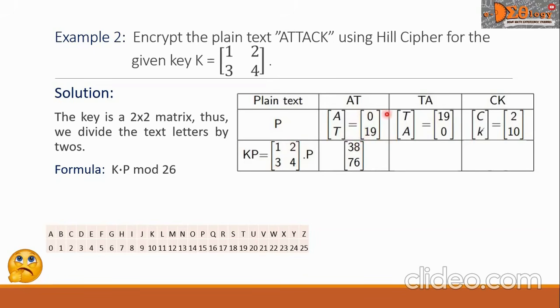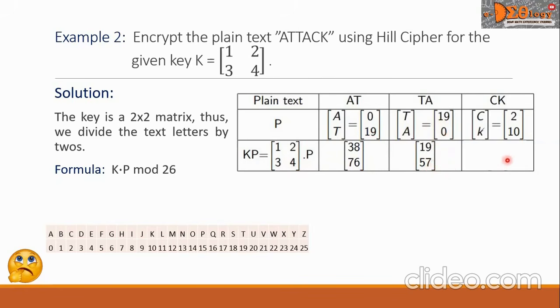Then 3 times 0 plus 4 times 19. We get 76. Next, for the TA, the 1, 2, 3, 4 matrix multiplied by the 19, 0 matrix. So we will have 1 times 19 plus 2 times 0, we get 19. Then 3 times 19 plus 4 times 0, we will get this 57.